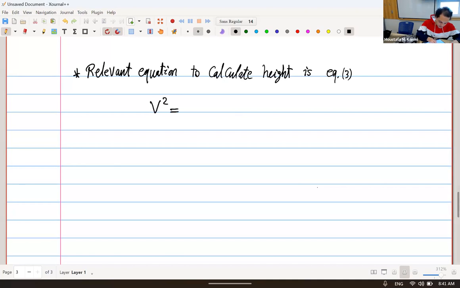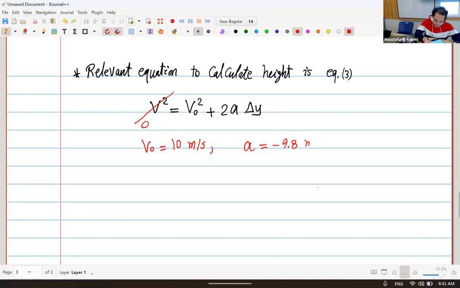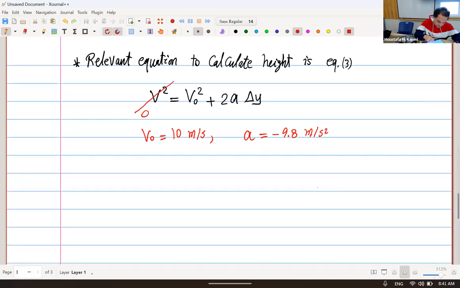Equation 3 is v squared equals v naught squared plus 2a delta x, or delta y in this case, because we're using y. So final velocity is 0, maximum height. Initial velocity is 10 meters per second, positive, and a is equal to negative 9.8 meters per second squared.